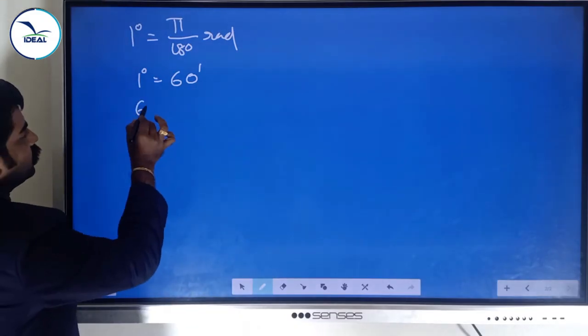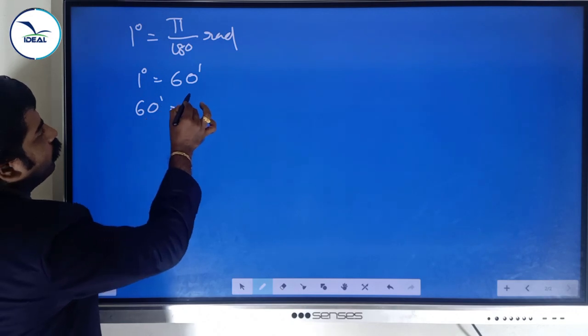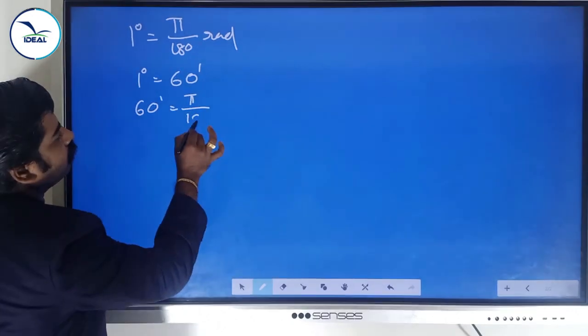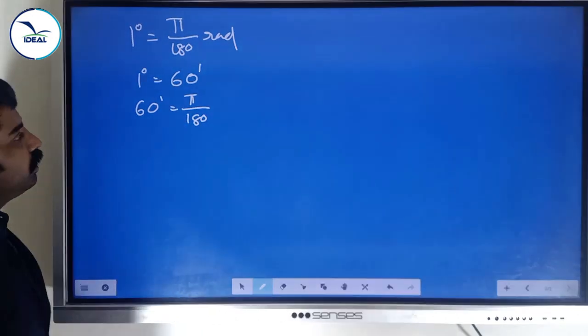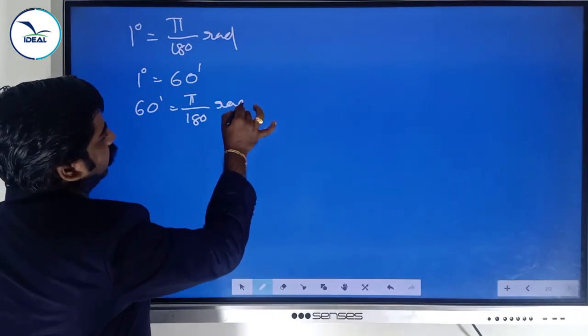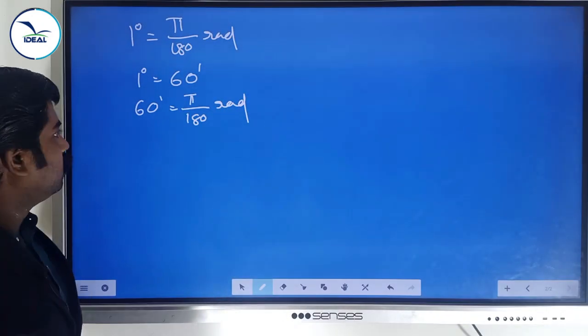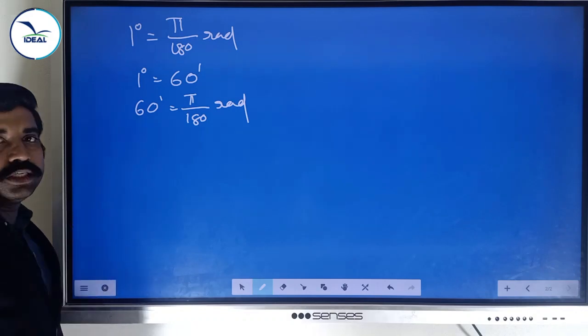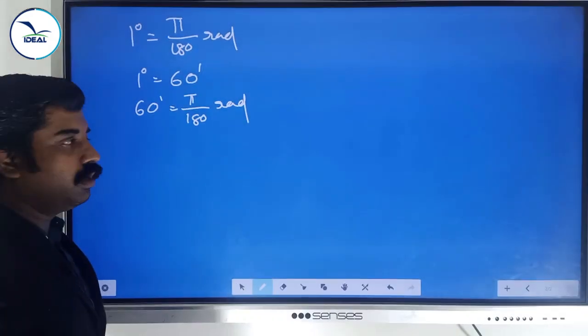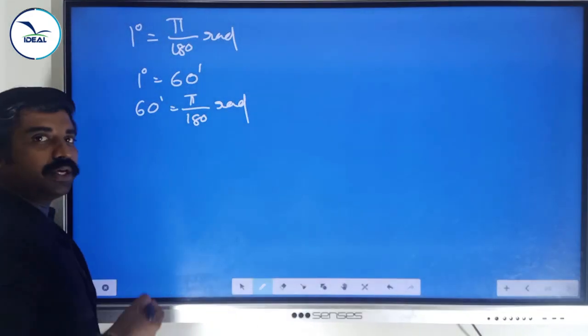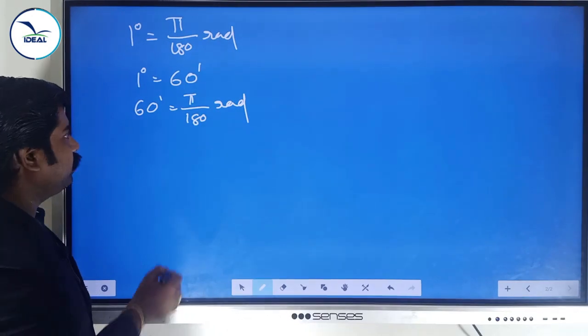So we can write 60 minutes is equal to pi by 180 radian. By getting this we will get the value of 1 minute. How? We can divide this equation by 60.